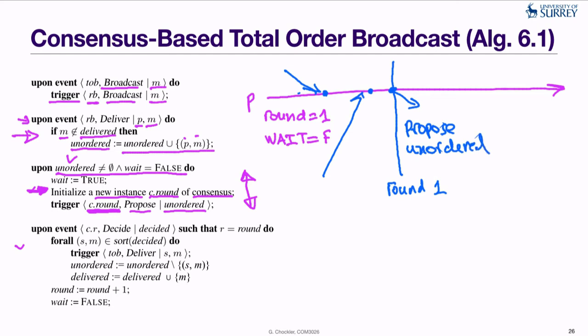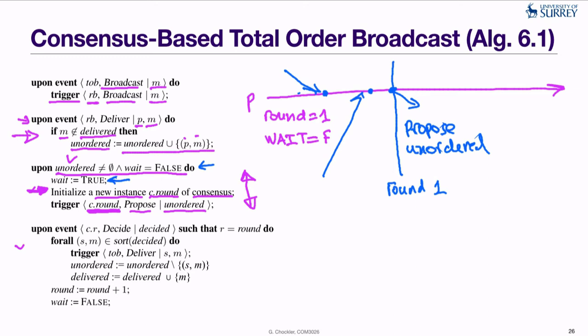Okay, so once that happens, notice that this handler switches the value of wait to true. That means that this handler here won't be invoked until wait becomes false again.